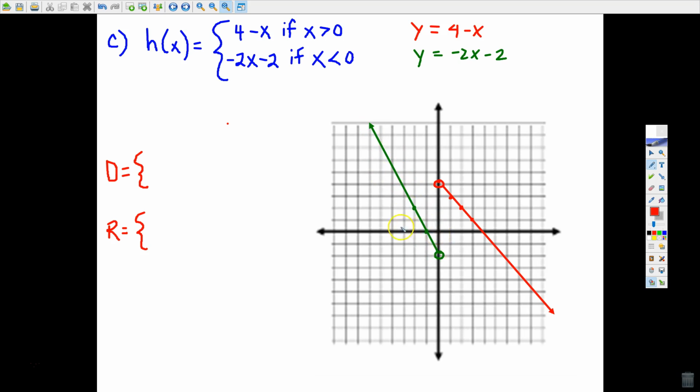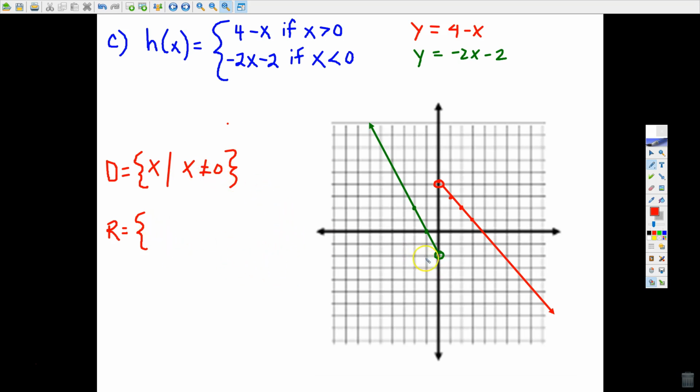Going to the left of 0, they're all taken, and for the red, going to the right of 0, they're all taken. The only number that's not taken is where we have this open circle, and that is actually 0. So instead of saying all real numbers except 0, you can just say x such that x cannot be 0. It's assumed that it can be any other number besides 0.